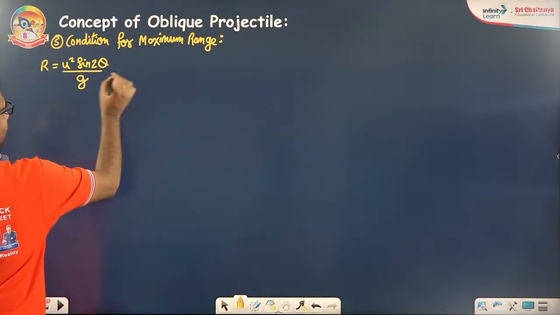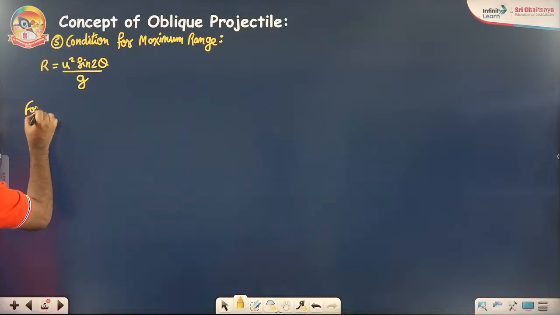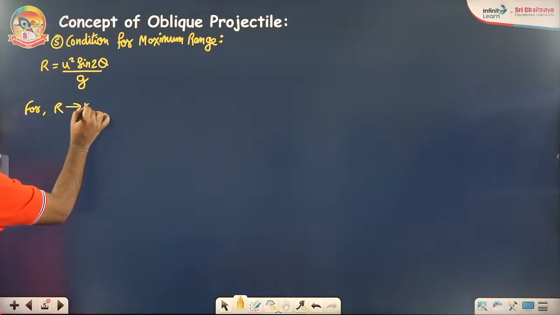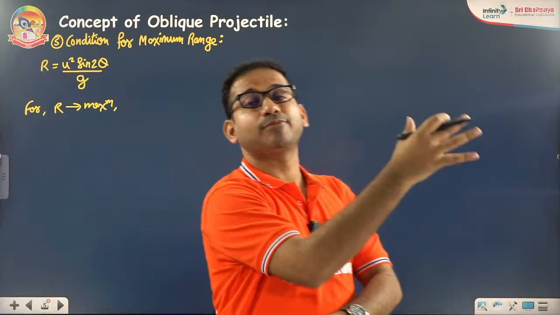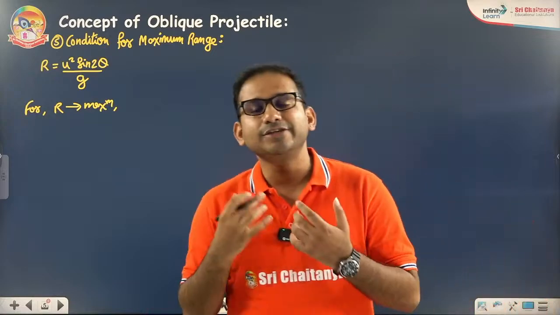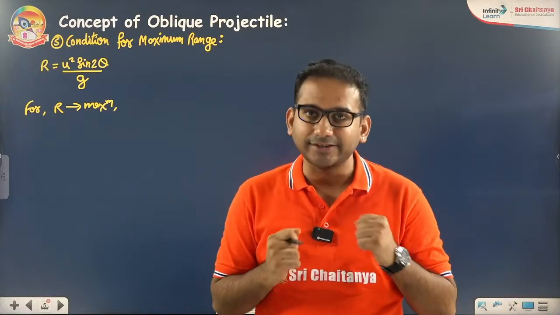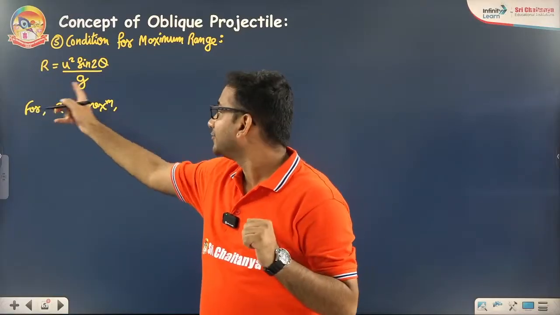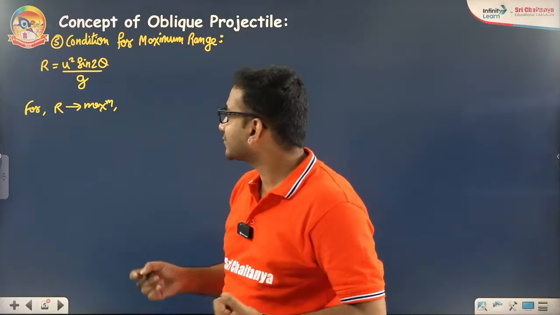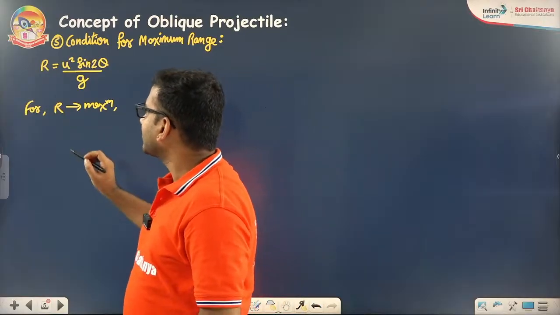For range to be maximum, you want to throw a ball up to the maximum horizontal distance. So obviously you will be throwing with your maximum capacity. So U is not variable, U is fixed, your maximum capacity. G is also fixed near the Earth's surface. Okay. So R is maximum.